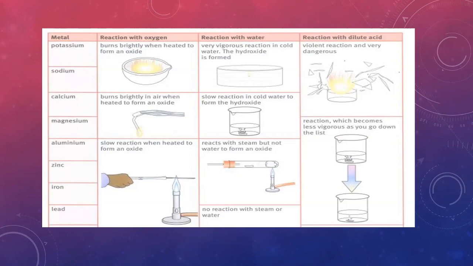What happens when the elements in group 2 react with water? This is a slow reaction in cold water. So if you need this reaction between elements in group 2 and water, you should heat the water so that the reaction occurs between the metal and steam.